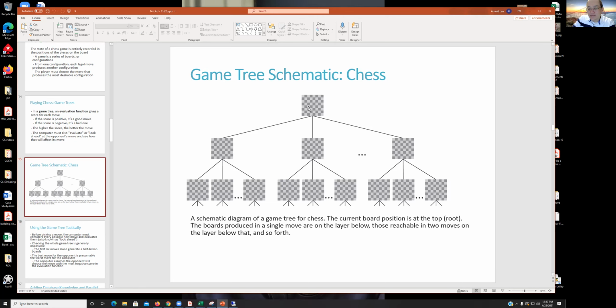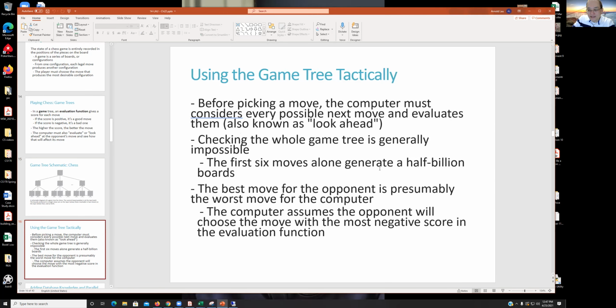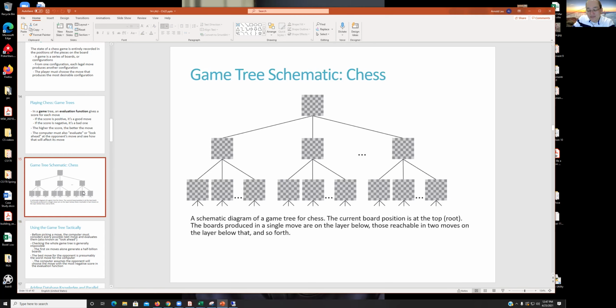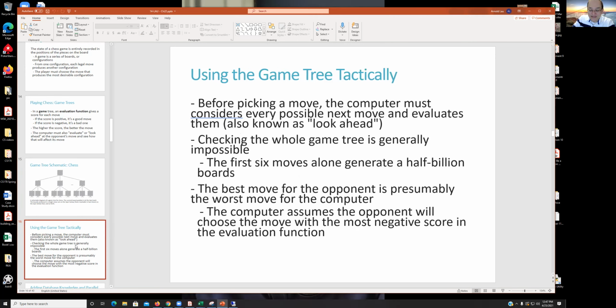But when I tell you there's this many boards, it's not like it really has to evaluate all of those. Once you've taken a certain path, you've actually eliminated all these other ones over here. So it's still a lot, but maybe not as much as it's made out to be here.